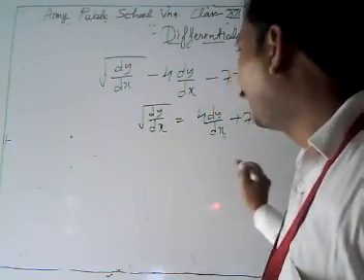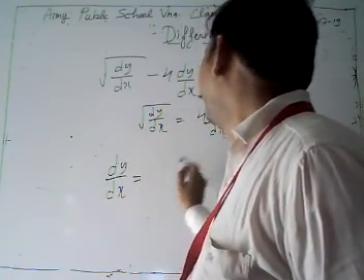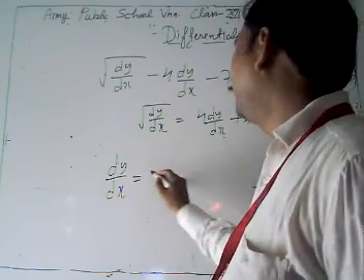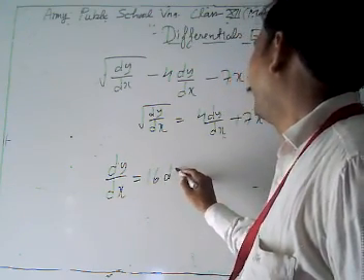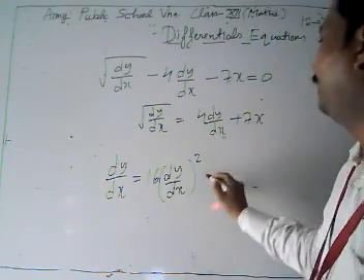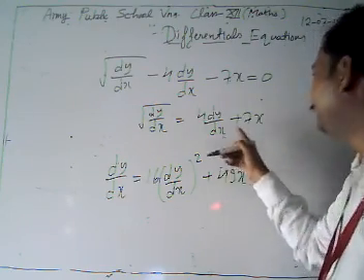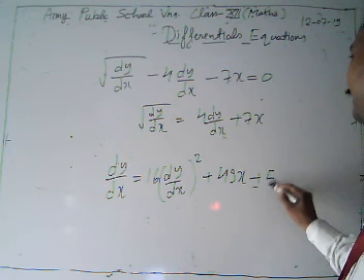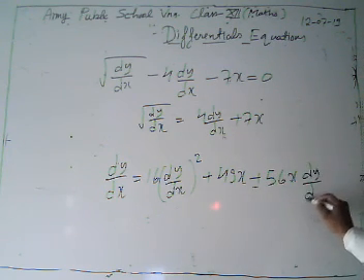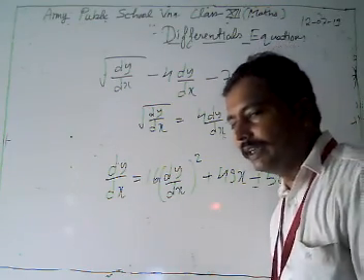Now taking the square of both sides, we get dy/dx on the left hand side. On the right we get the whole square of 4 dy/dx plus 7x, which is 16 (dy/dx) squared, using a squared plus b squared plus 2ab: 49x squared plus 2ab, that is 2 times 7 times 4, 56x, times dy/dx. Now our equation is radical free.